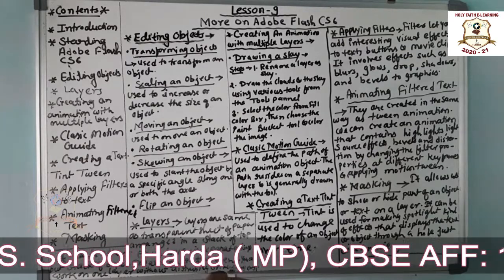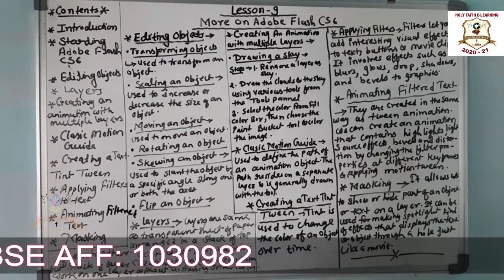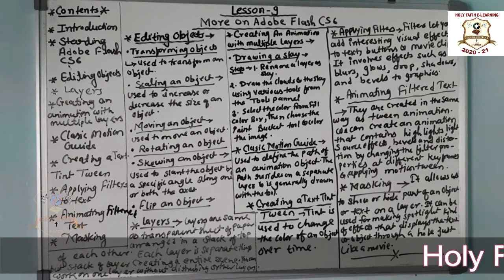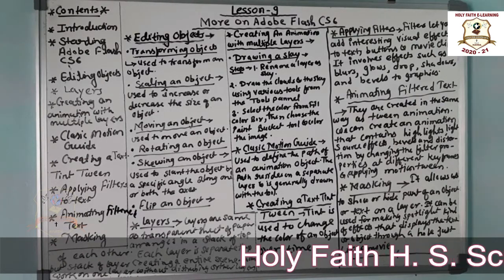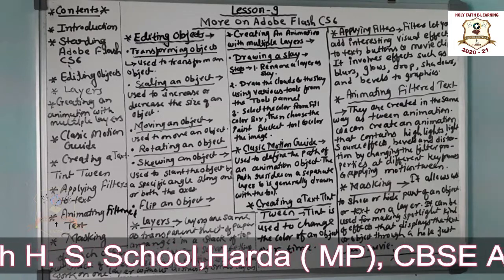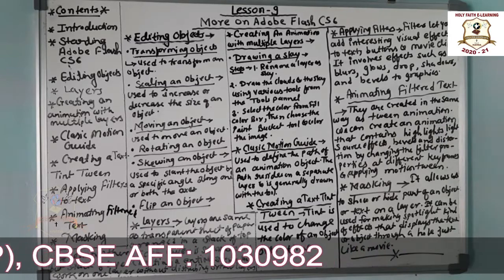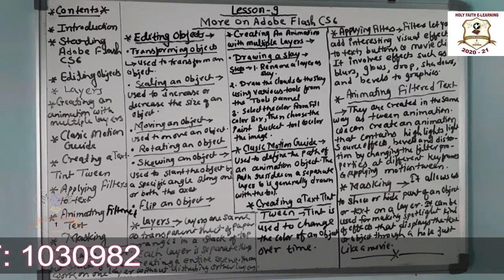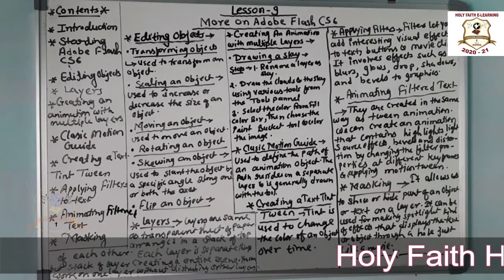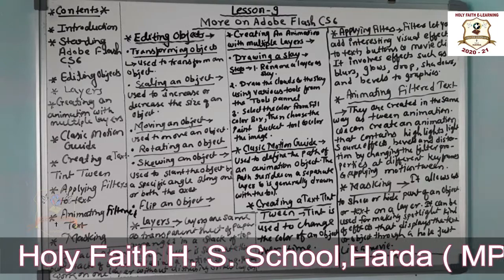You can work on one layer without disturbing the other layers. If you have a transparent sheet, then that should be used as a layer in Adobe. So you can work separately on each layer, and by adding layers, you can give special effects to your image.